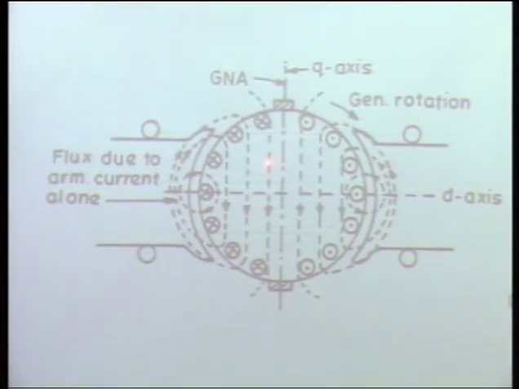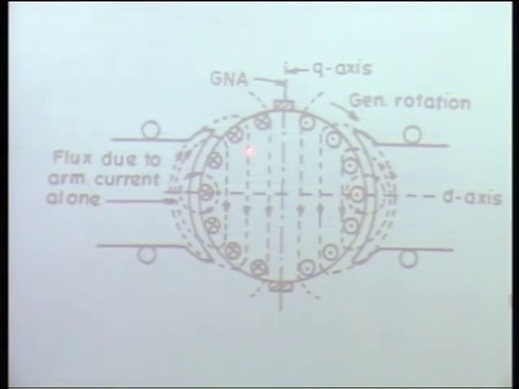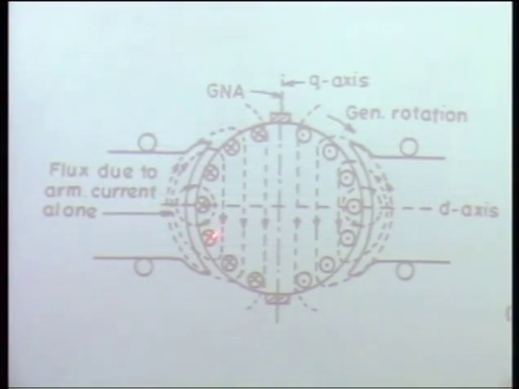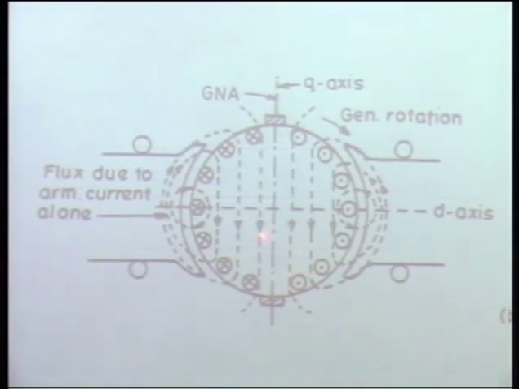In the left half, the conductors falling under the north pole carry current inside the plane, and the conductors falling under the south pole carry current outward of the plane. So, in the left half the conductors are shown with a cross, and in the right half the conductors are shown with dots, right.